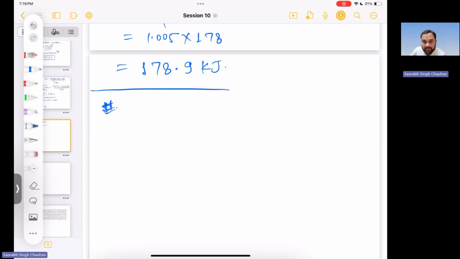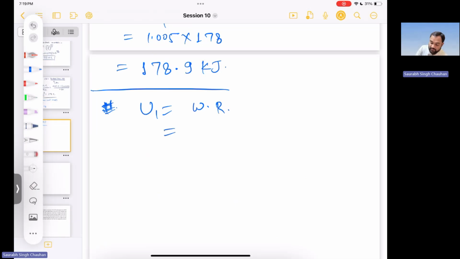Now if you want to write U1, it will be angular velocity times radius.